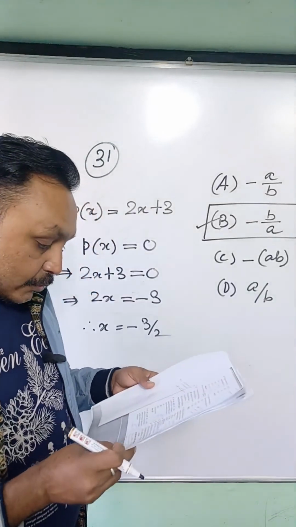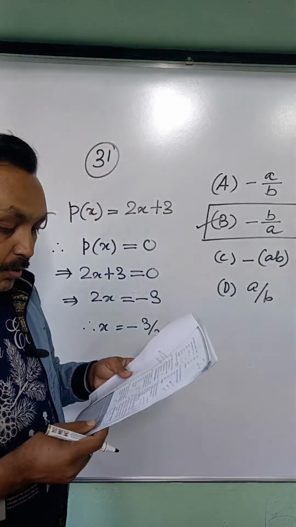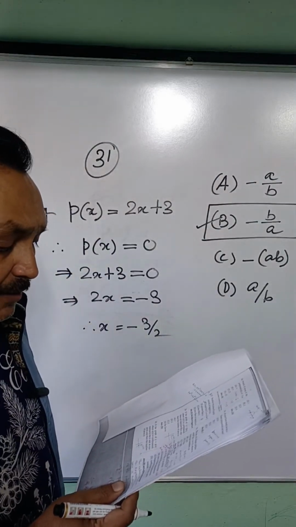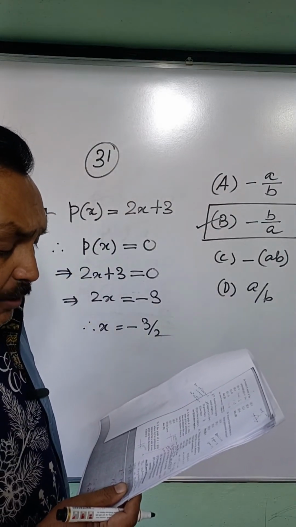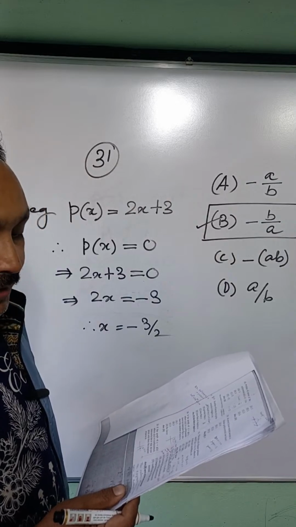Now we'll proceed to question number 32. For any polynomial p(x), if p(a) is equal to 0, then a is called what?